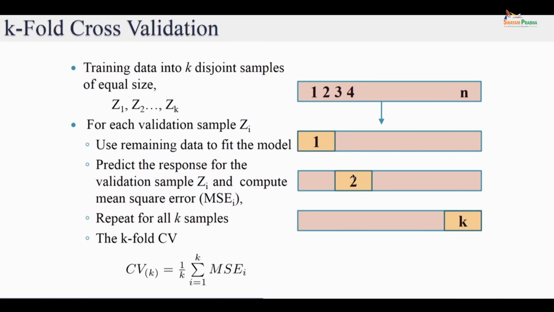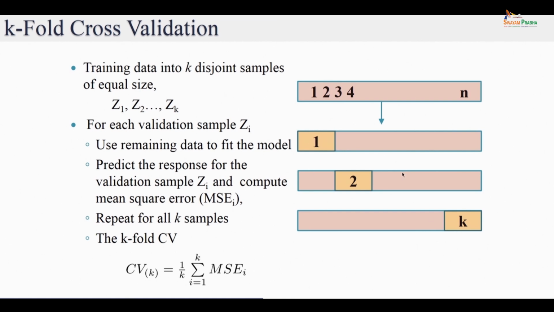Similarly, in the next round what we will do is leave group 2 out, build the model, let us say the linear model that we are building with the remaining groups, and then find the prediction error for group 2, and so on and so forth until we find the prediction error for group k, and then we average over all these groups. So the MSE in this case for all k groups, 1 by k times the sum, that will be the cross validation error for this k-fold cross validation.